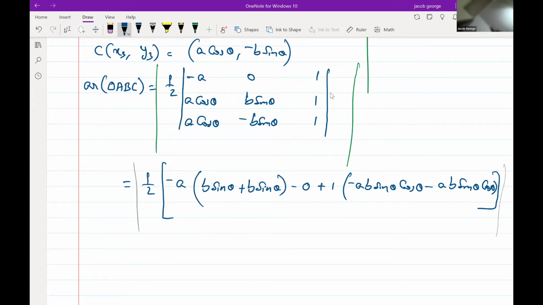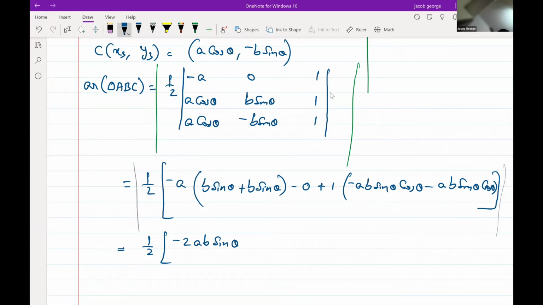So is it clear, children? The determinant we have expanded easily. All of you know determinants, you have studied the determinant chapter in detail. So this is half into minus a into 2b sin theta, or minus 2ab sin theta. First term becomes minus 2ab sin theta.